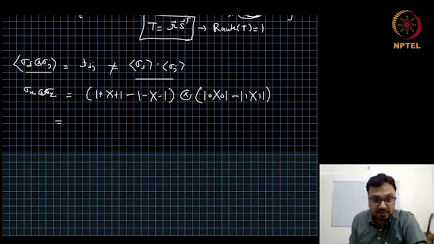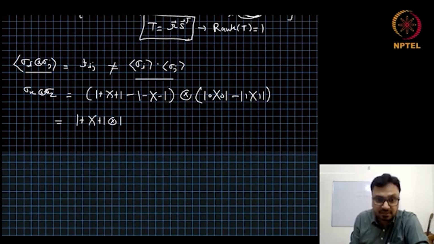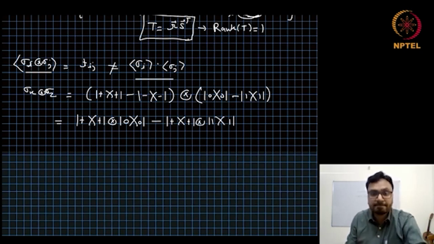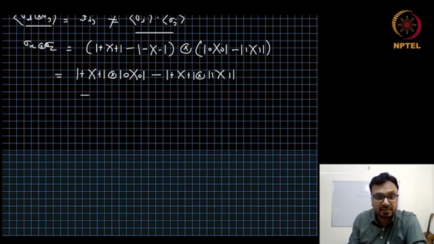Now we expand this product, we get |+><+| tensor |0><0| minus |+><+| tensor |1><1| minus |-><-| tensor |0><0| plus |-><-| tensor |1><1|.